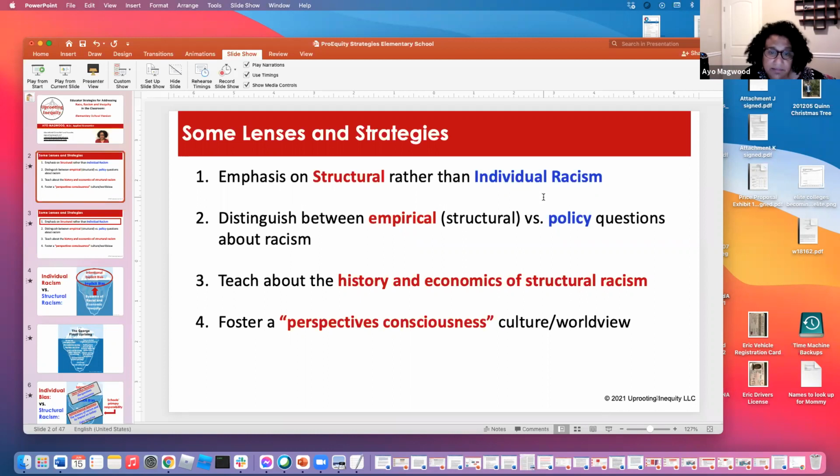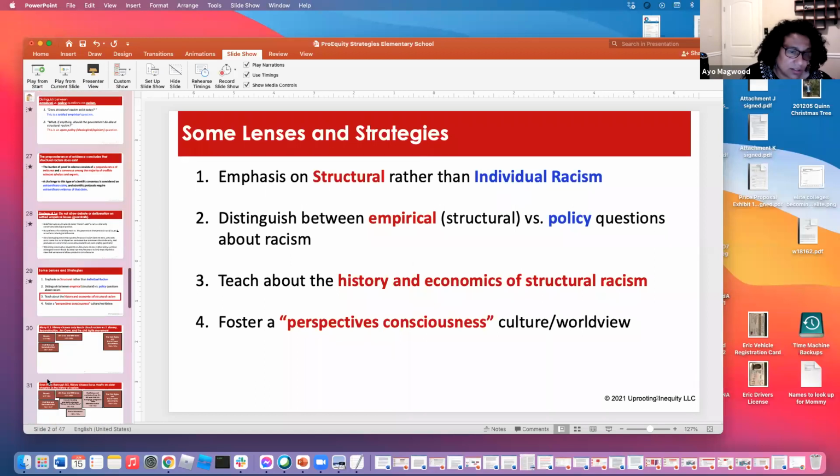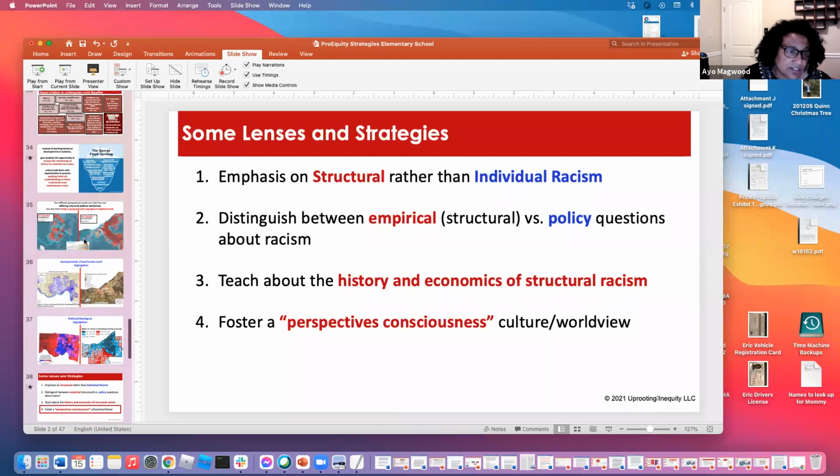What about, I'm going to push you a little bit, encourage you, let's think a little bit hard. It sounds like it's going to be a little bit more of a stretch for you, but let's think of some ideas of how we can start in the elementary classroom giving kids an idea of structural racism versus individual racism. I know that's really challenging given their developmental level, but let's see if we can brainstorm between all of us and try to figure it out.